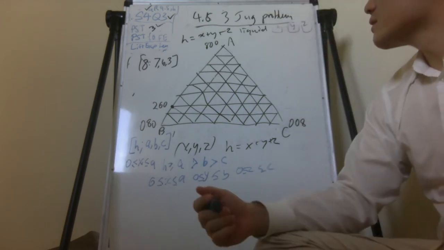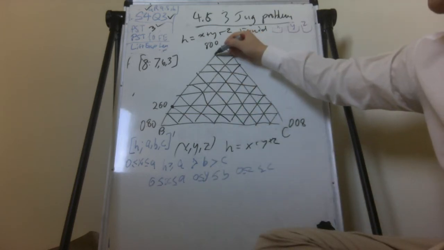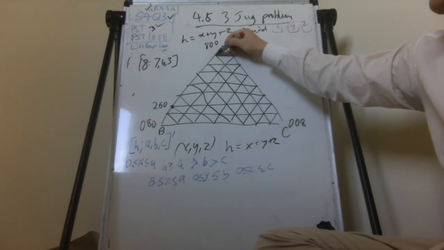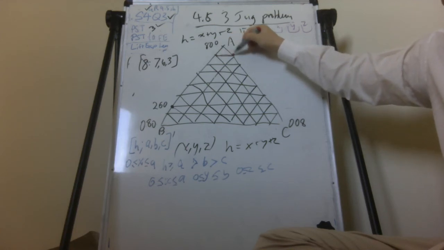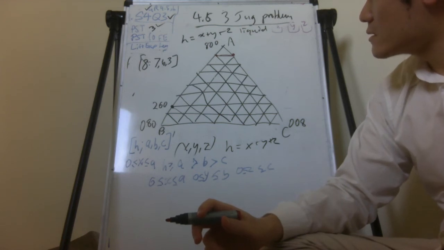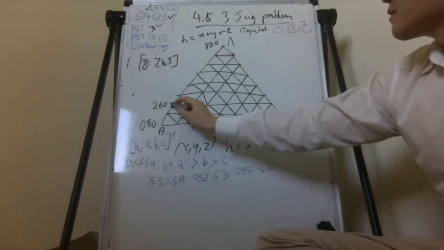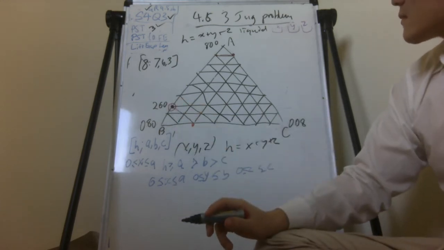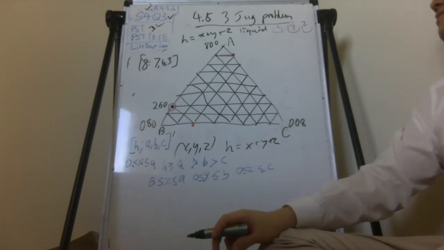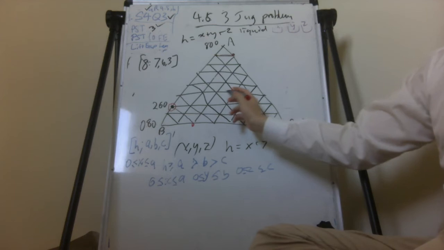So 7 means it could be up here, right? That's 7. 6 is here, yeah? It's the one we drew. And 3 is like 1, 2, 3, yeah?